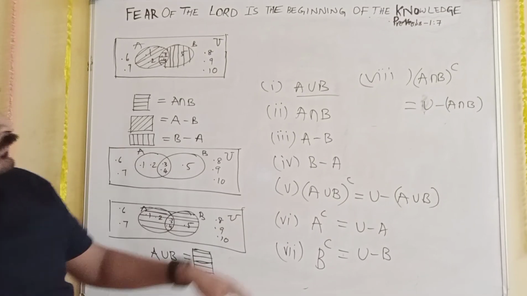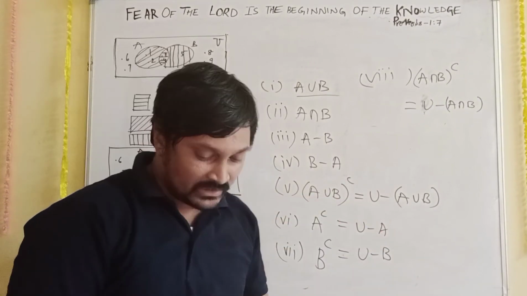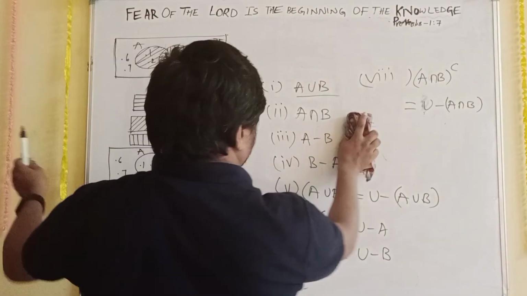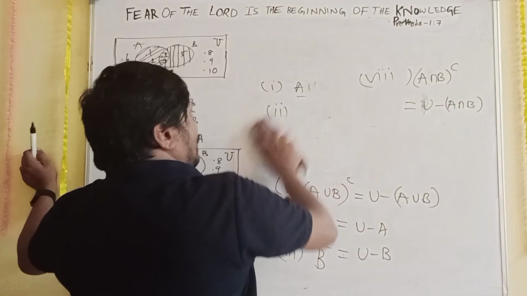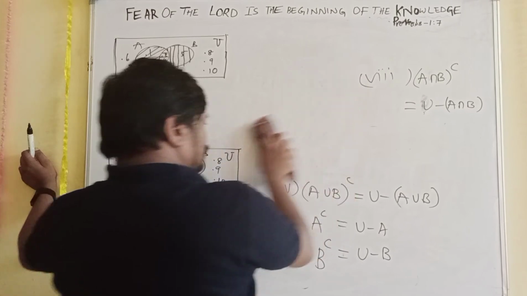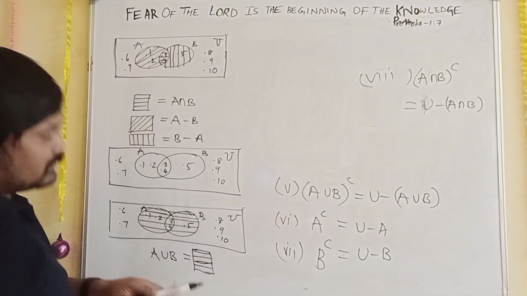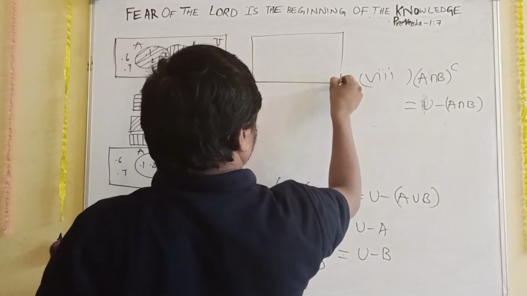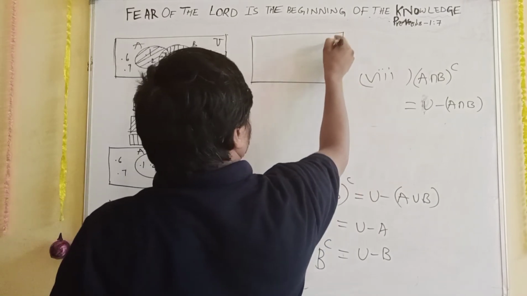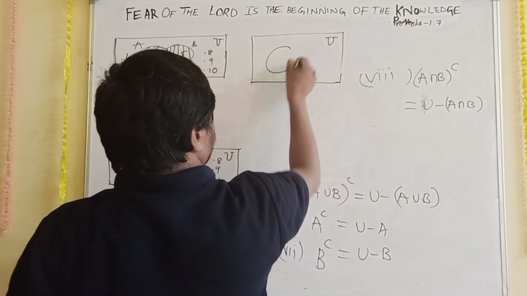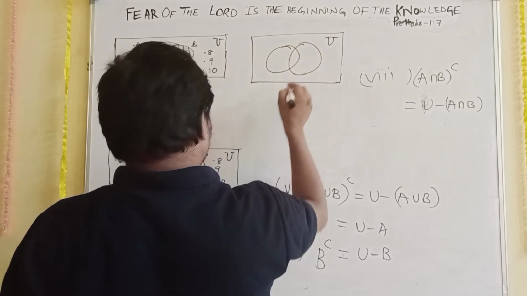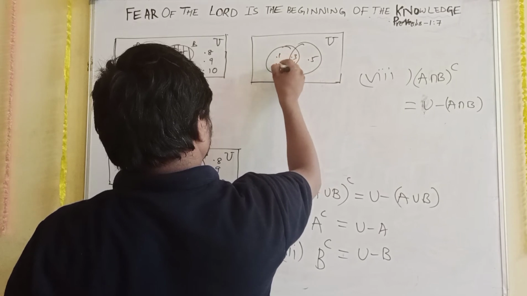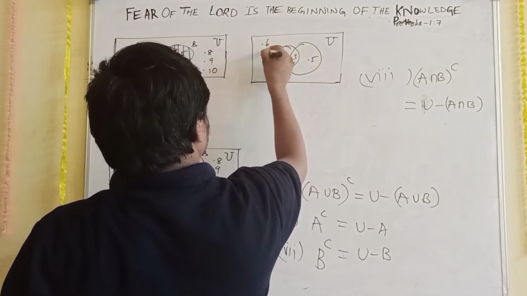Now we are going to find our A union B whole complement. So we are going to understand what these complements are now. Okay, so first, again draw your diagram. Universal set. What are the elements? 3 and here 4 and this 5, this is 1, this is 2, 6, 7.